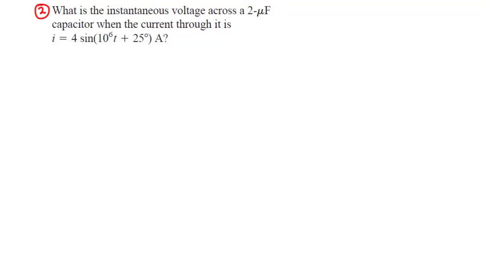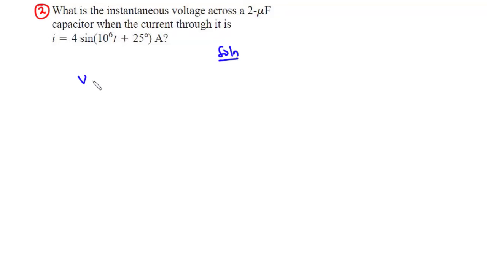So to example 2: what is the instantaneous voltage across a 2 microfarad capacitor when the current through it is I equals 4 sine 10 to the power 6 t plus 25 degrees? So for this question, we are going to find the voltage across this capacitor.